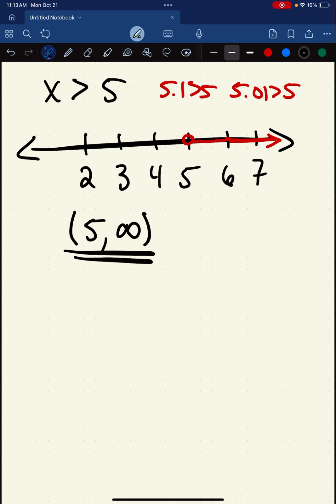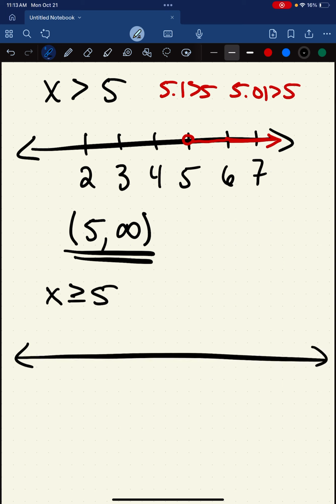So now let's look at an example. So this is interval notation. Let's do x is greater than or equal to 5 this time. 2, 3, 4, 5, 6, 7. So it's going to be the same way. Everything above 5 is going to be included, but this time we can include 5. So we're going to write that with a solid point.